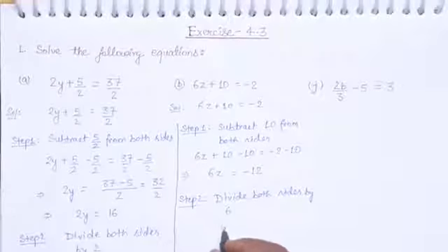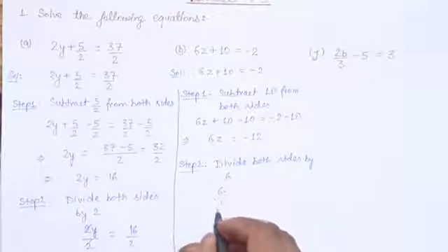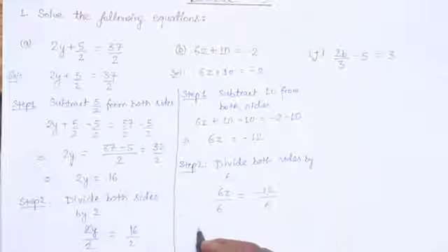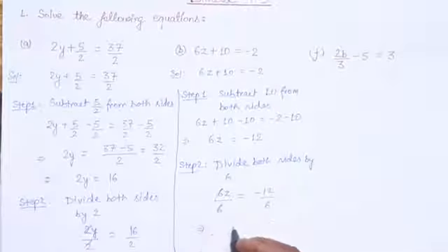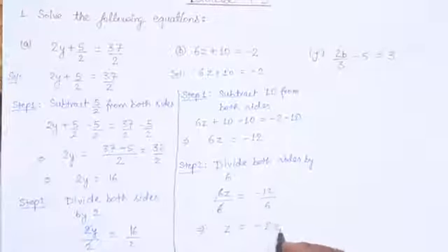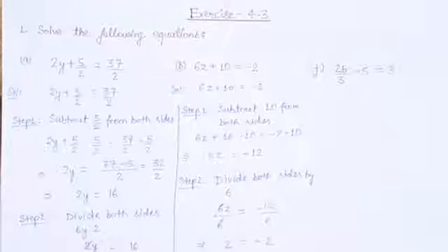So what we get? 6z divided by 6 equals to minus 12 divided by 6. So it implies that 6 and 6 are cancelled out and z is equal to minus 2. So this is our solution. Now let us see the next part.